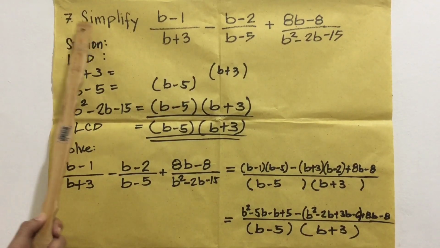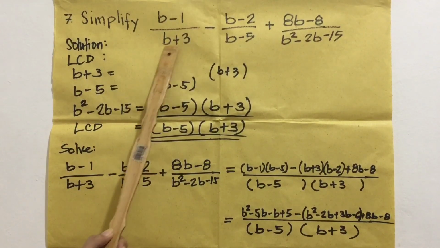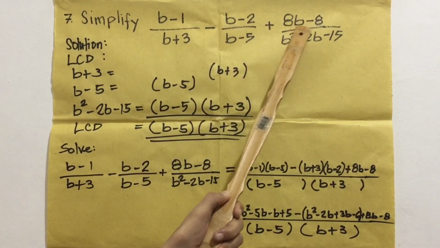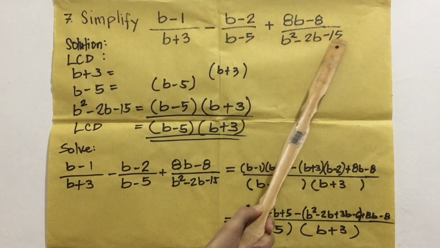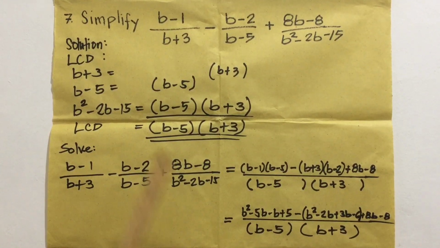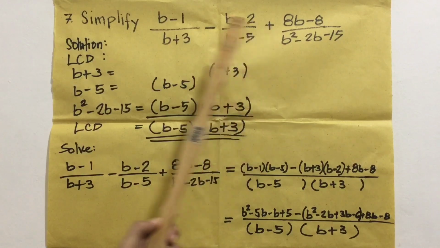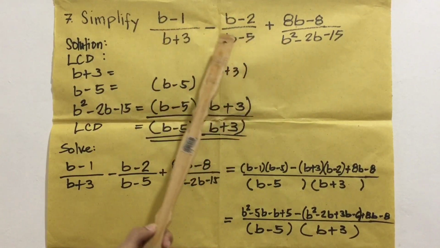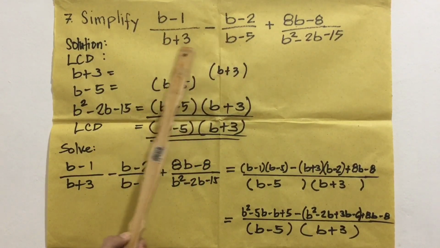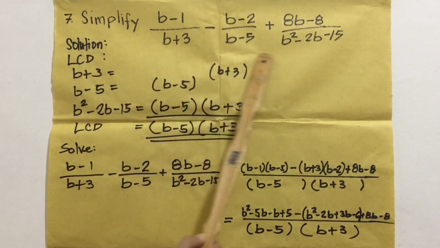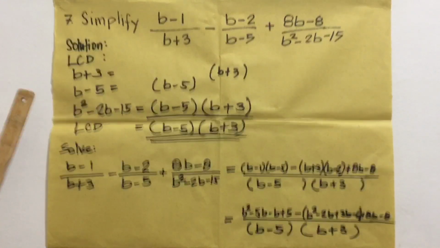Okay, number 7. Simplify (b - 1) over (b + 3), minus (b - 2) over (b - 5), plus (8b - 8) over (b squared - 2b - 15). Simplify means to combine this given expression into one single fraction, or single rational expression. So we first find the LCD since the denominators are different.